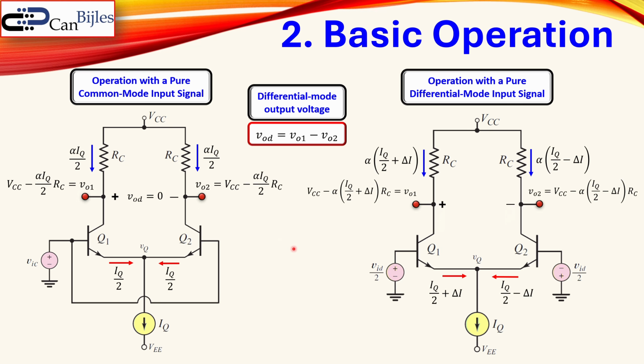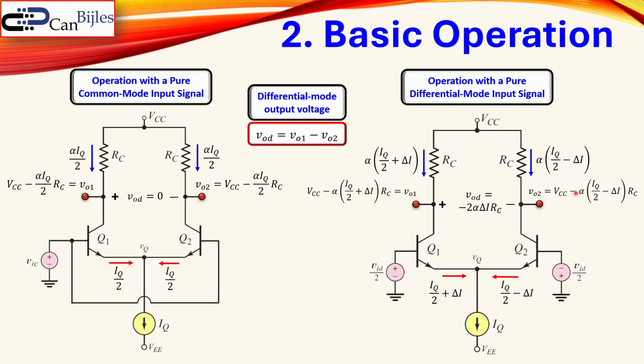Now for the differential mode operation, you see here VO1 minus VO2, then you will have a specific voltage, which is 2 times alpha delta I RC. If you look at it, if you do VO1 minus VO2, the VCC will cancel. You also lose this alpha times IQ over 2 here, because that's the opposite sign.